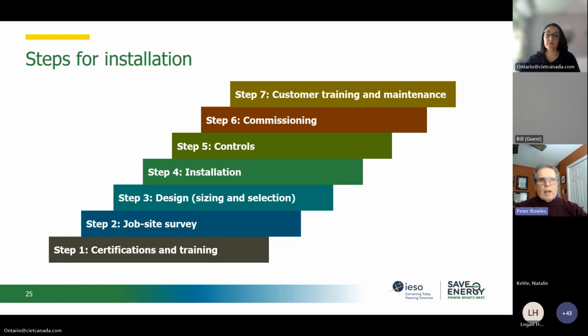And we're seeing now a lot of smart thermostats, Nest and Ecobees, and many of the main manufacturers have their own smart thermostats to work with their systems. And these require a lot of knowledge and experience to set up properly, which sort of leads into the commissioning and startup of the system.